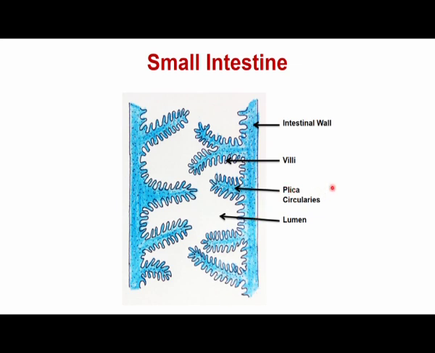These plica circularis are further divided into smaller projections, known as villi. The purpose of such a complicated, folded membrane structure is to increase the surface area, so that the secretion of enzyme is efficient, and on the other hand the absorption through these villi is also very efficient.